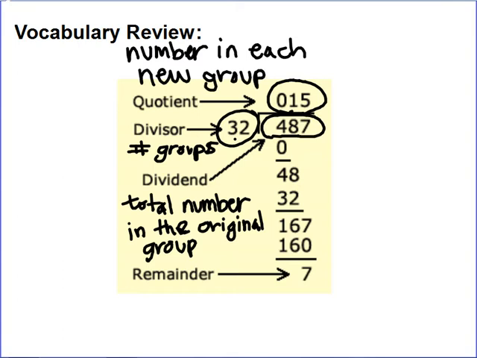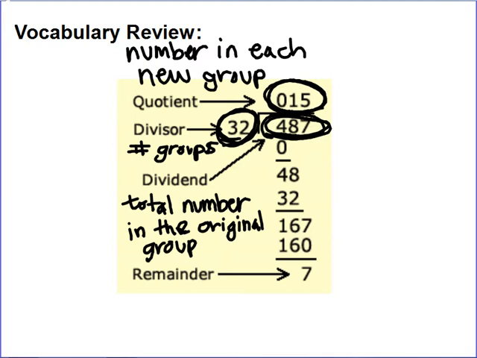Because remember, we said we started off, this is if we had one group. Now we took one group and broke it into 32 groups, and each one of those groups has 15. So if I had 487 pencils in a box, and I decided I'm going to put those in 32 boxes for my students in my classroom, each box would contain 15 pencils.